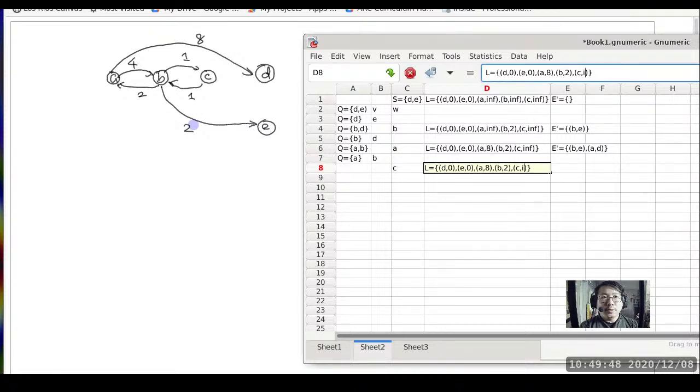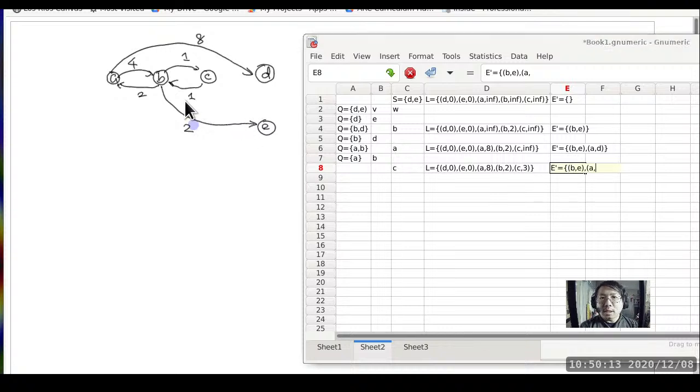So the L value of C is updated to 1 plus the L value of B, which is 1 plus 2, and that is a 3. And in E prime, we just have to add the new edge because there's nothing in E prime yet that is starting from vertex C. So there's nothing to remove.